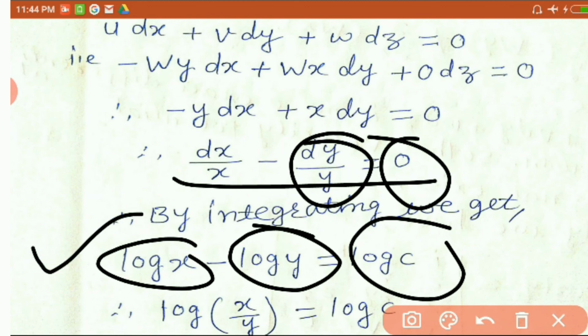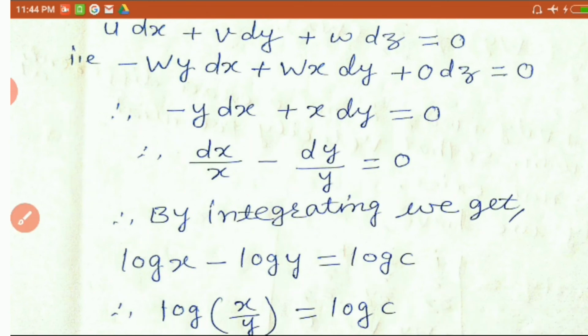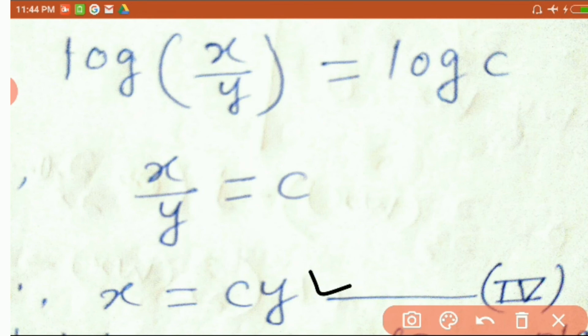By the rule of logarithms, we get log of x upon y is equal to log c, and therefore x upon y is equal to c, and therefore x is equal to cy, which represents a plane through the z-axis and cuts the streamlines.